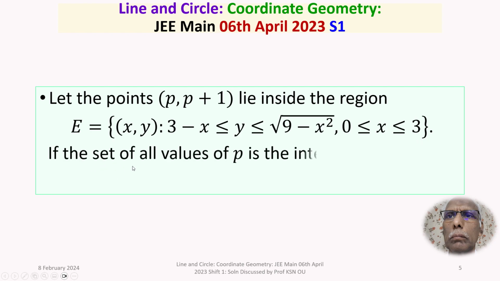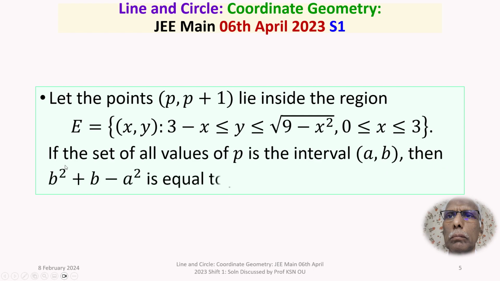If the set of all values of p is in the open interval (a, b), then b square plus b minus a square is equal to.